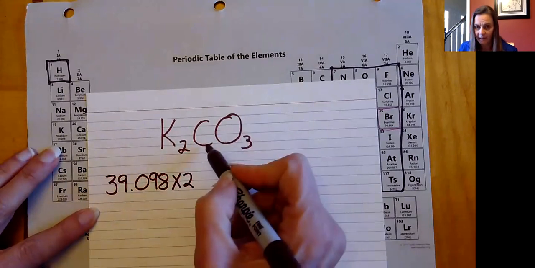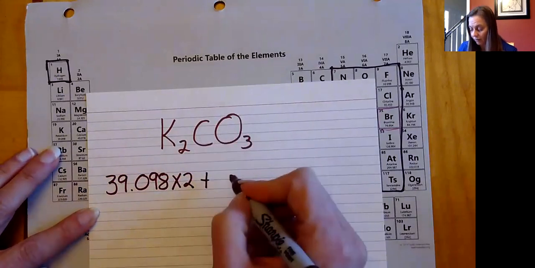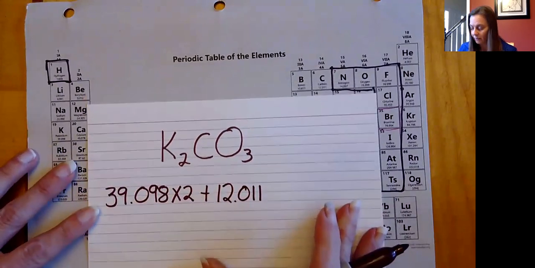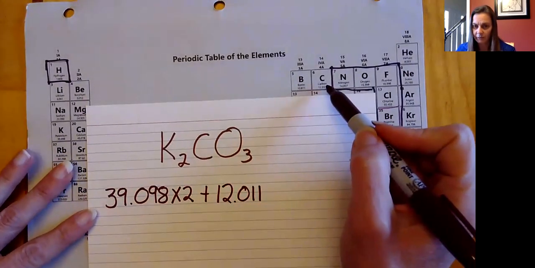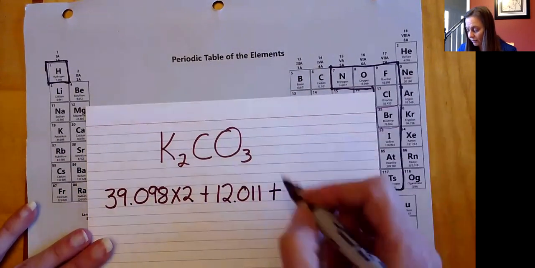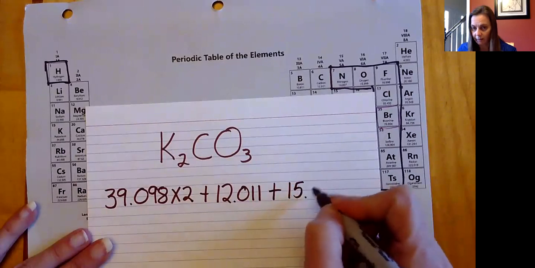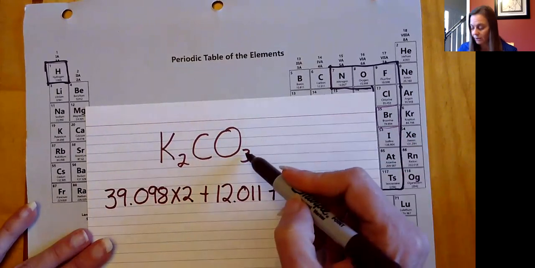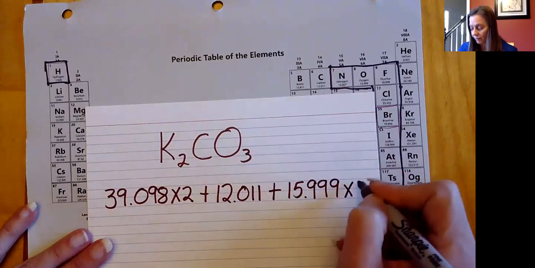Now we're going to add the mass of carbon, which is 12.011. Again, we're looking at the periodic table to find the mass of carbon. And the mass of oxygen, which is 15.999. But there are 3 oxygens, so we're going to multiply that by 3.